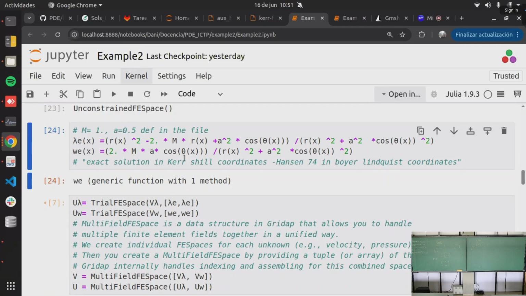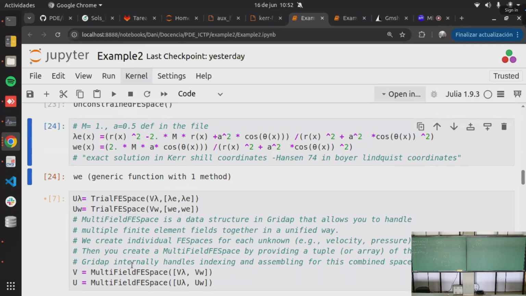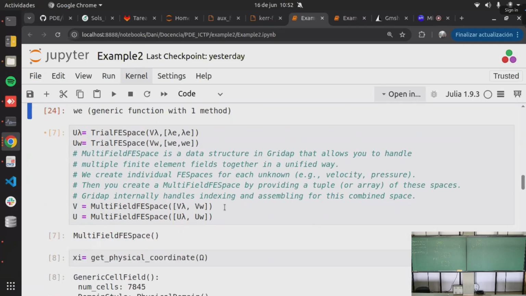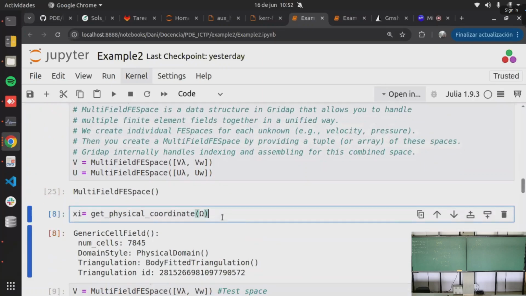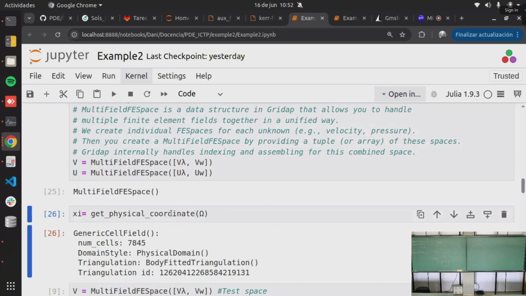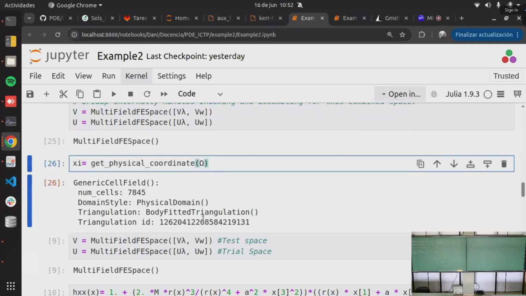So first of all we create the trial and the test space for each space, and after that we assemble a combined space that contains all the information for the trial space and the test space. We can also get all the coordinates of the triangulations.